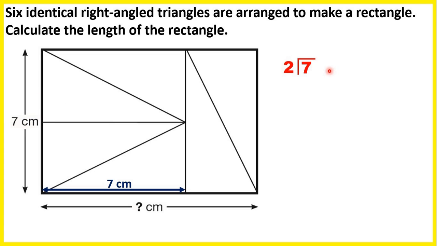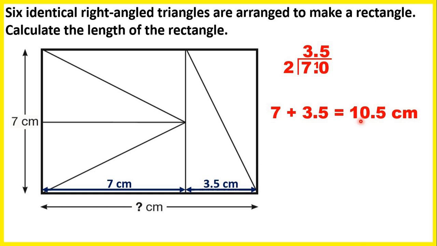So that's 3 remainder 1, so we can extend with a point 0, and then 10 divided by 2 is 5. So the base of a triangle will be 3.5 centimeters. So the total length of the rectangle will be 7 centimeters plus 3.5 centimeters, so that's 10.5 centimeters.